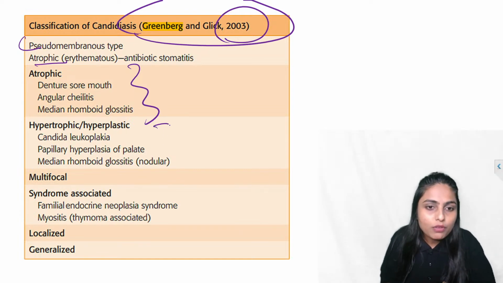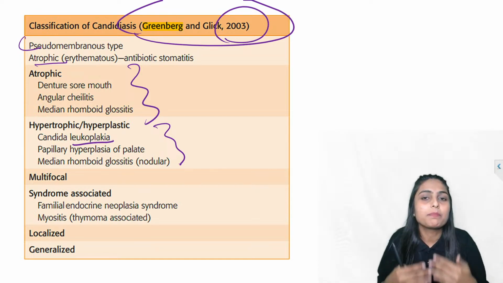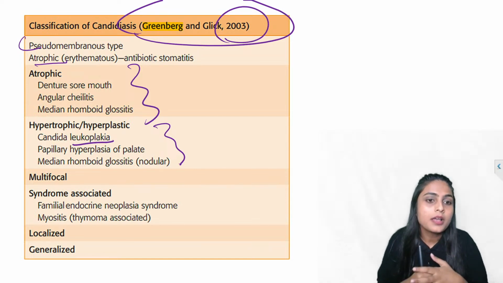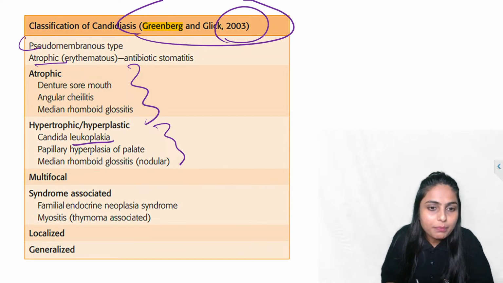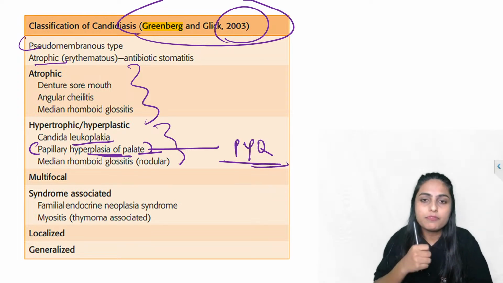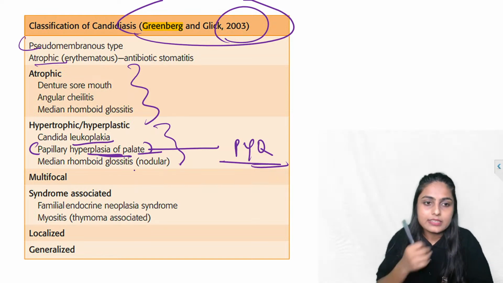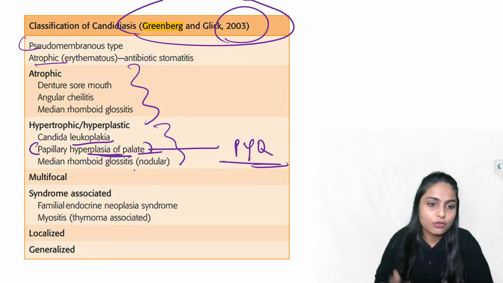Hypertrophic type has candidal leukoplakia, also called hyperplastic candidiasis, and papillary hyperplasia of palate. This was a PYQ in 2024 INI or NEET.